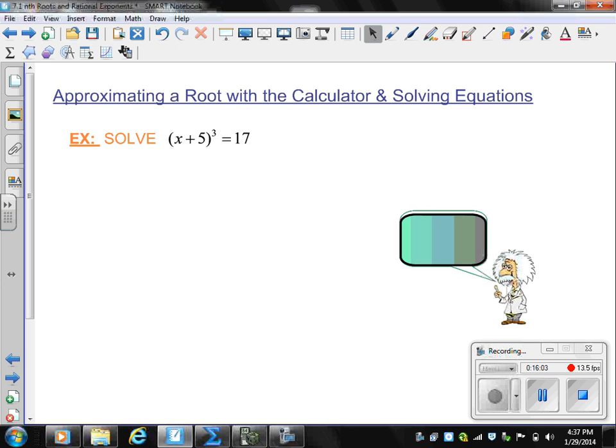So if we look at our equation here, we're doing x plus 5 to the third, and that equals 17. Well, if we think about unwrapping this, what can we do here to unwrap this side? Well, the whole thing is being raised to the third power, so I really could take the cube root of both sides.